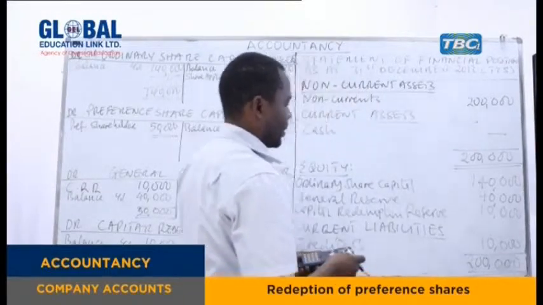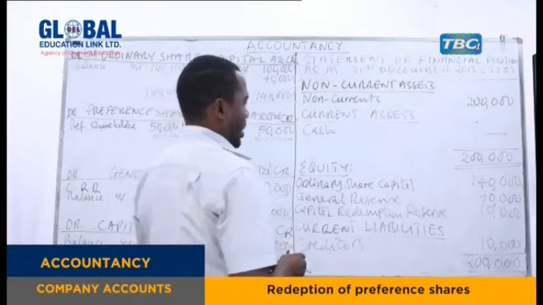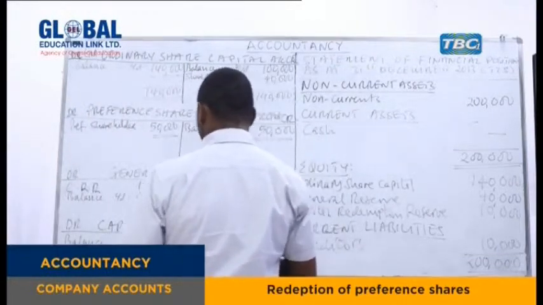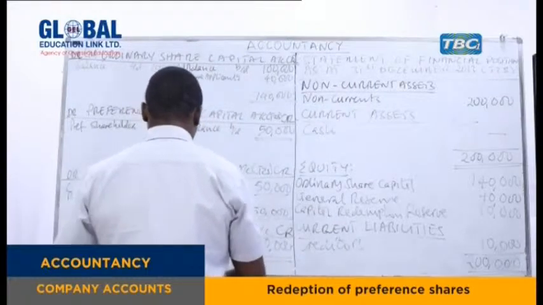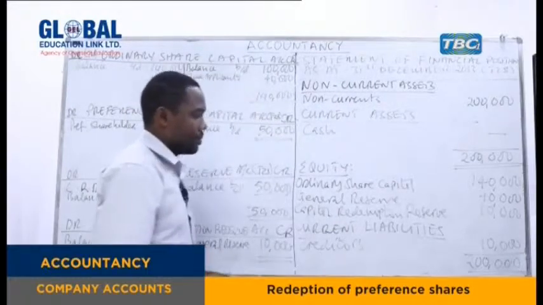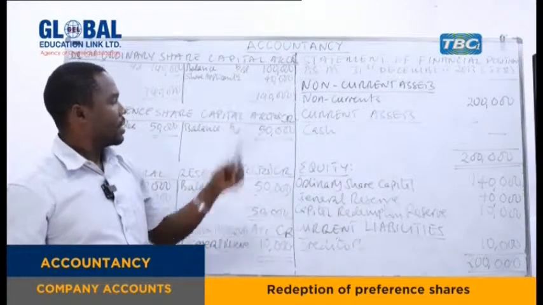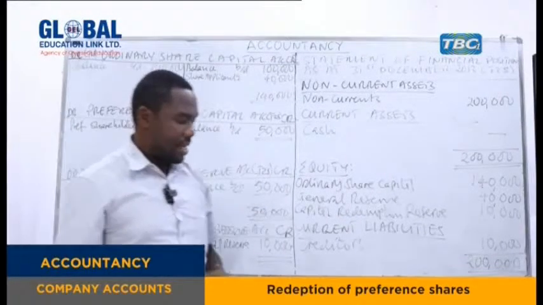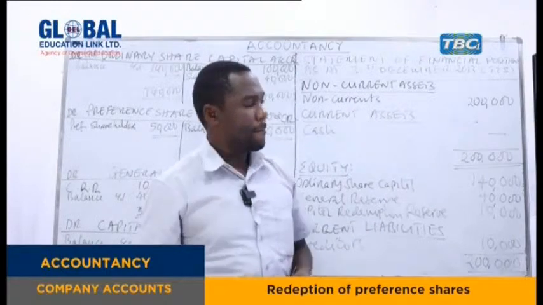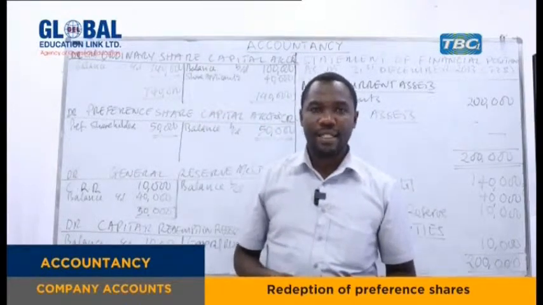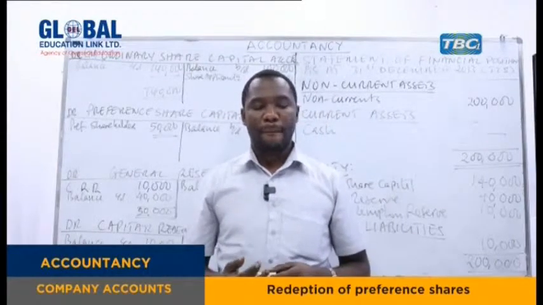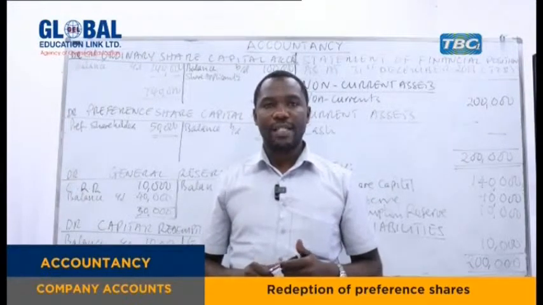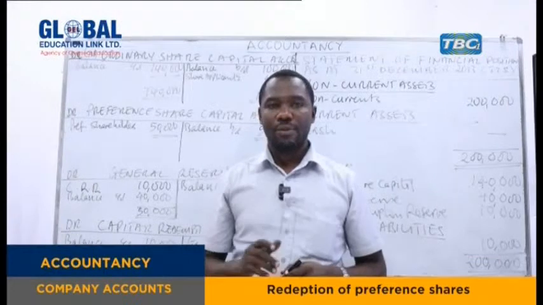Okay, so our statement of financial position balances. So this is how you could do the procedures for redeeming the preference shares. Okay, so far this marks the end of this session. I request you to keep on revising, do many questions.